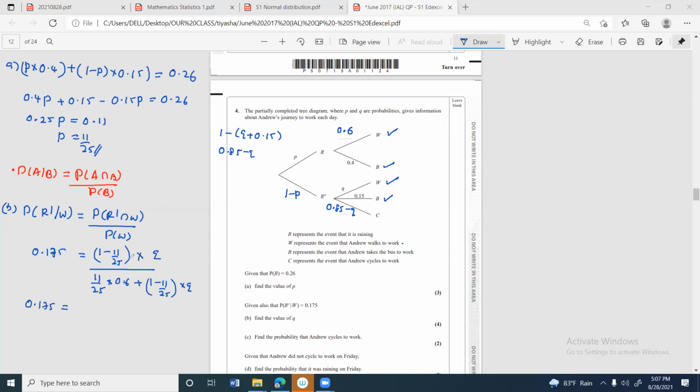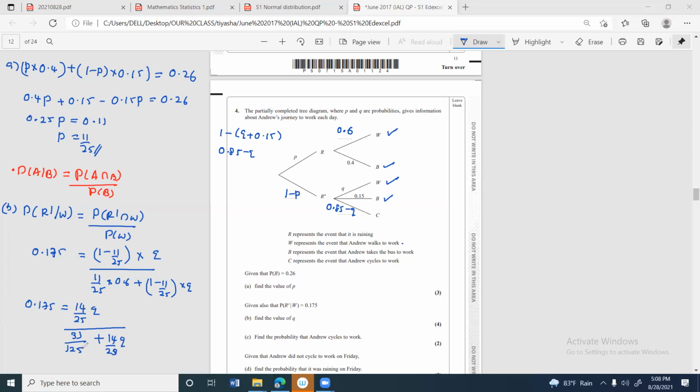0.175 is equal to 1 minus 11 over 25, which is 14 over 25, times Q, divided by 11 over 25 into 0.6, that is 33 over 125, plus again 14 over 25 Q. Then we can cross multiply and simplify.